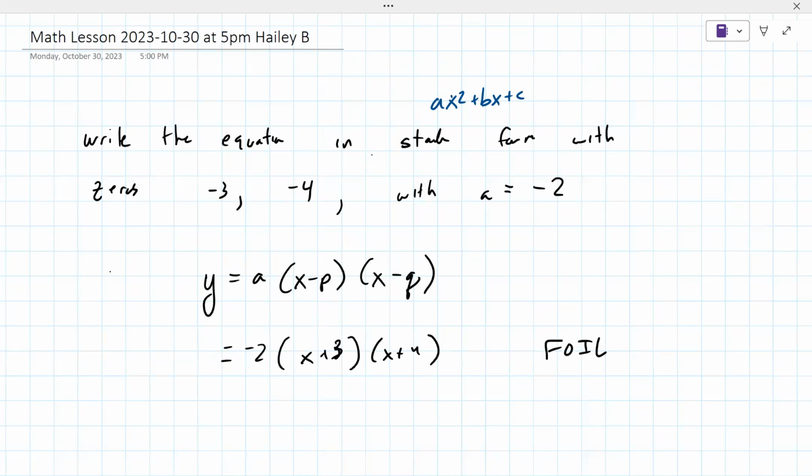So x squared plus 4x plus 3x plus 12. And then you can combine the outer and the inner, the O and the I. x squared plus 7x plus 12. Times -2.